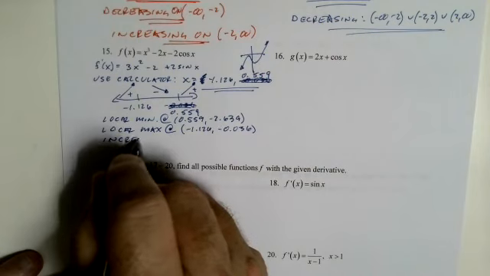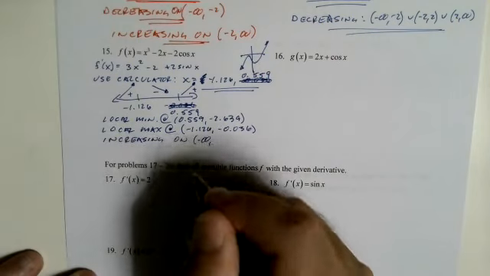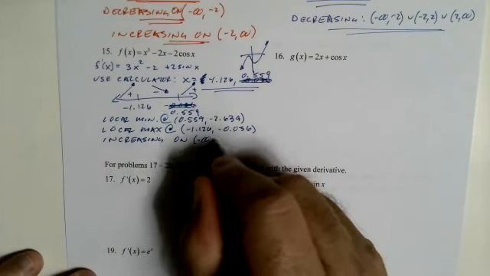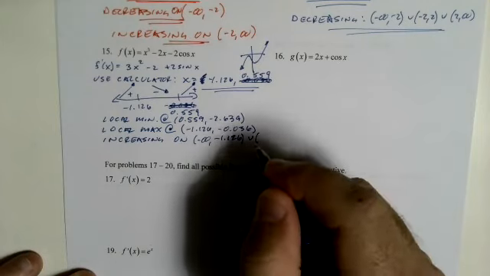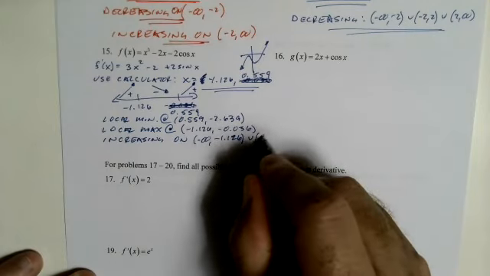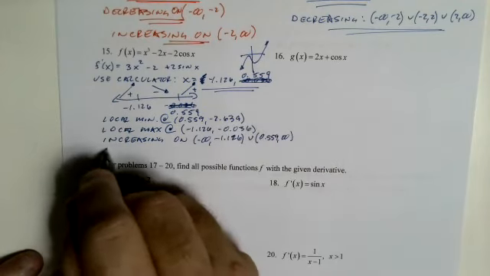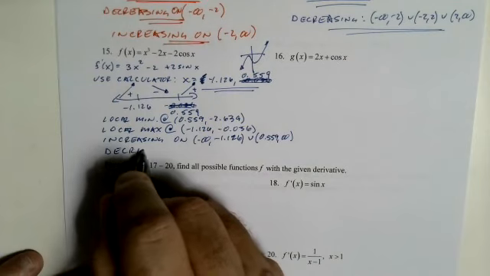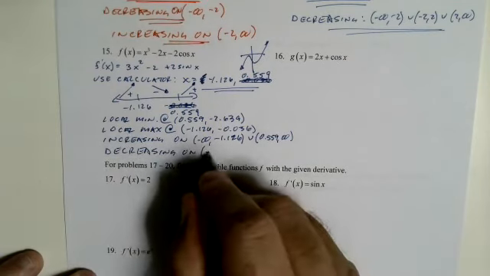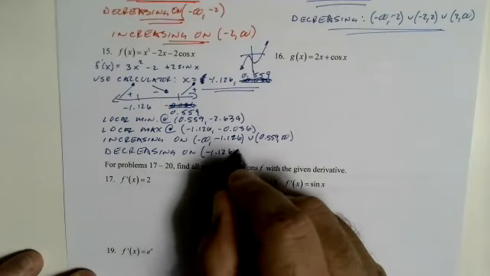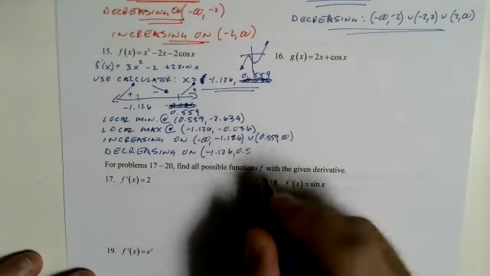Increasing on negative infinity to negative 1.126, and 0.559 to infinity. Look at all these numbers. Decreasing on negative 1.126 to 0.559.